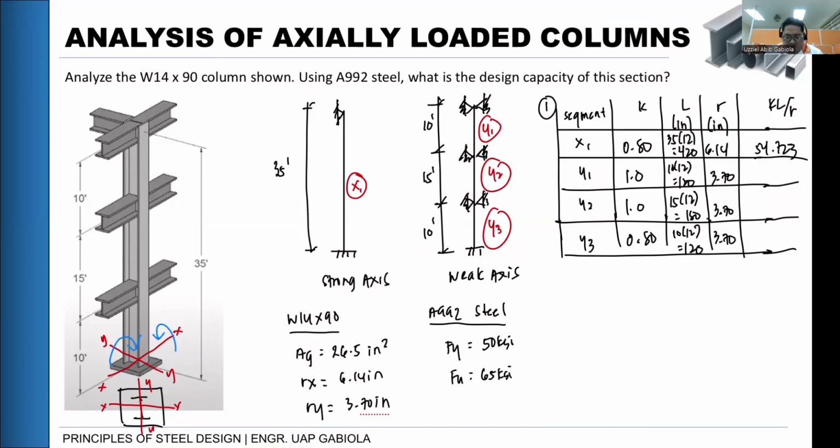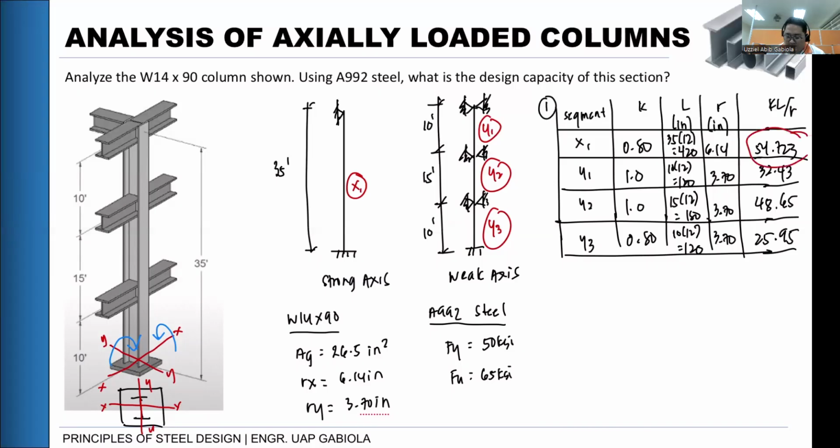We have 120 over 3.7, so 32.43. 180 divided by 3.7, that is 48.65. And then 0.8 times 120 over 3.7, that is 25.95. Okay? So, ang governing natin, largest is ito.